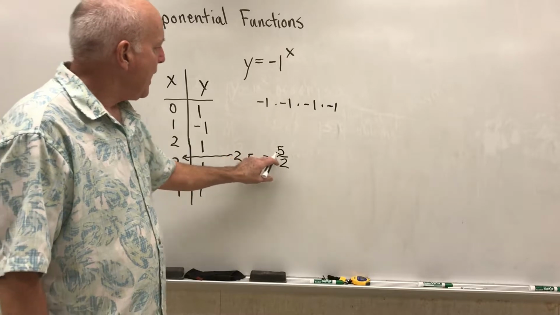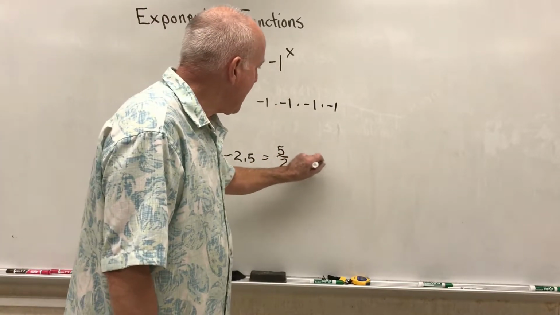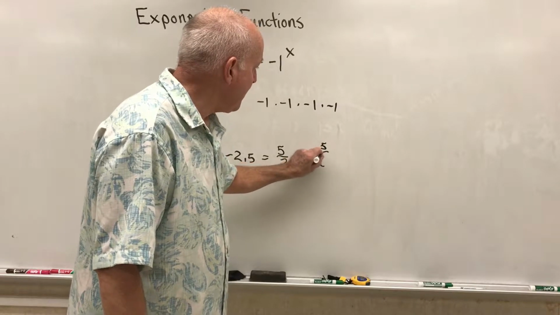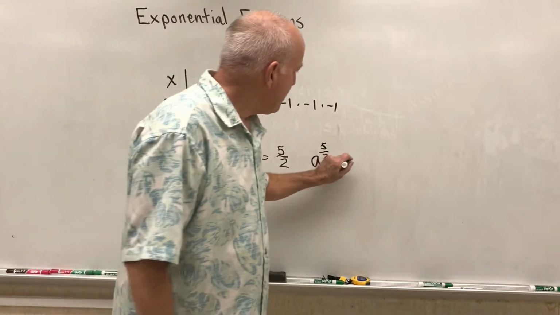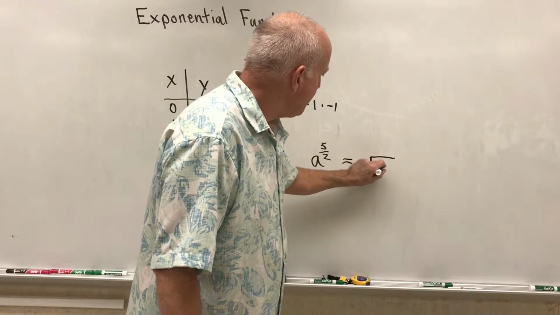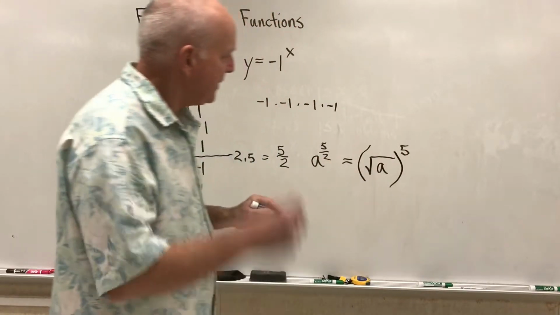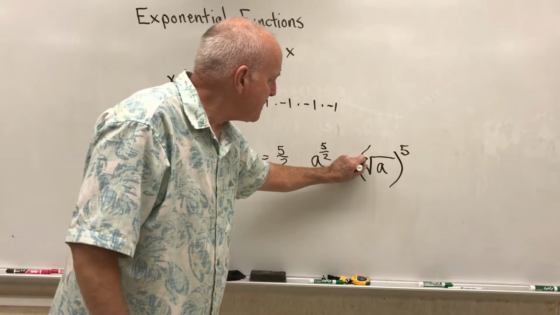Remember what we do when we have an exponent of 5 halves: a to the 5 halves is equal to the square root of a raised to the 5th power.